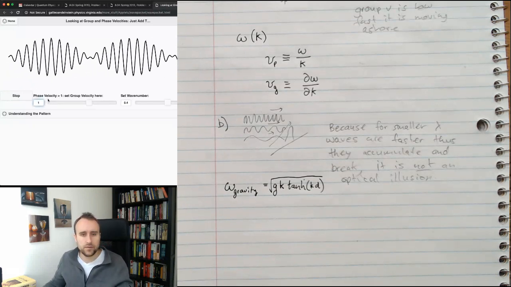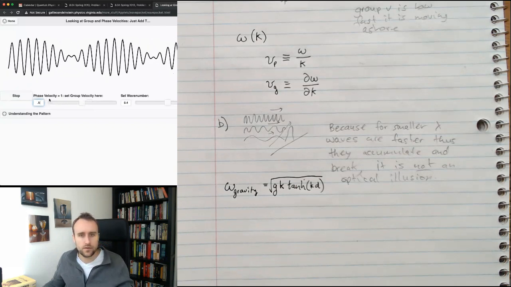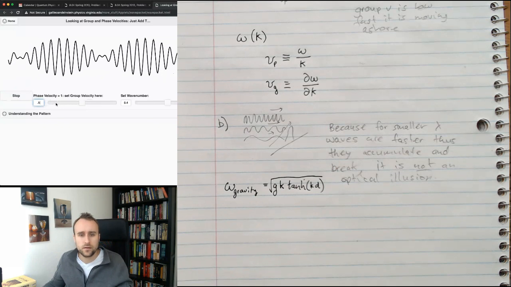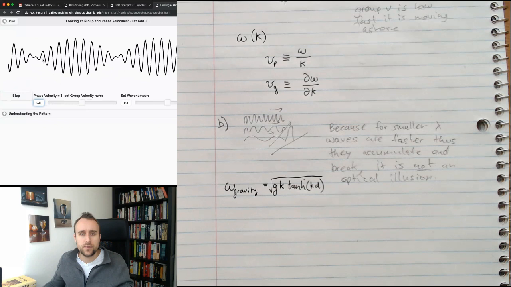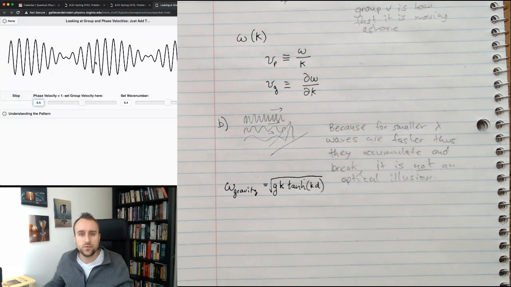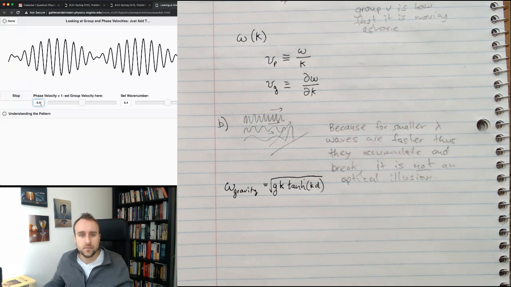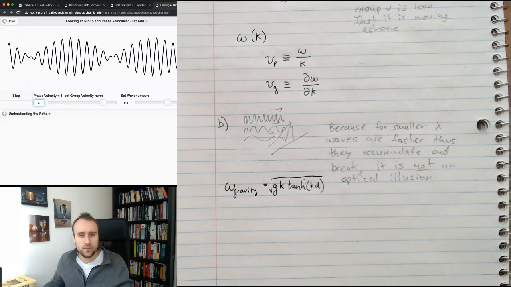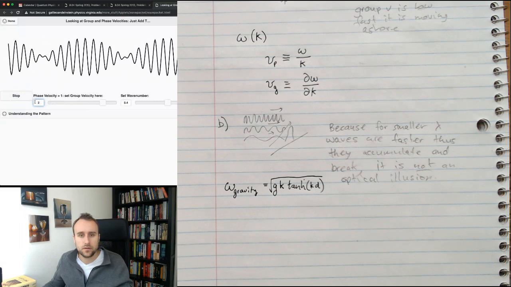So what if we have a higher phase velocity at 0.5? You can see here when we have faster phase than group velocity, the waves move more quickly than the overall packet. Can we do the opposite? Yeah.